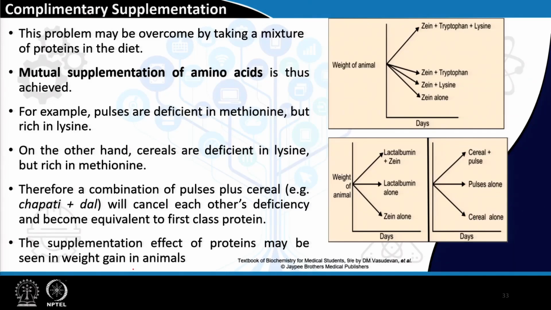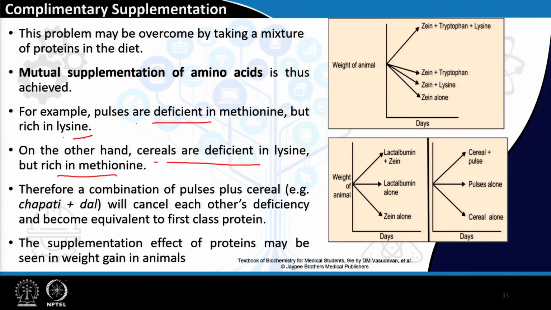We can overcome that easily by mutual complementation or supplementation of amino acids. We select a protein which has an amino acid that may not be present in another protein, and combine them. For example, cereals are deficient in lysine but rich in methionine. On the other hand, pulses are deficient in methionine but rich in lysine.